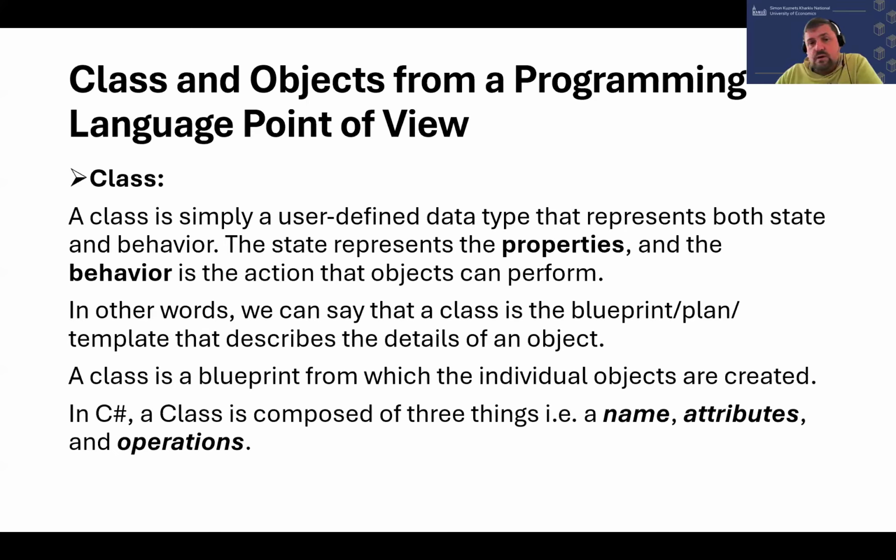In C#, a class is composed of three things: its name, attributes, and operators.